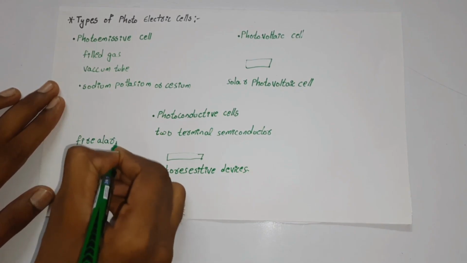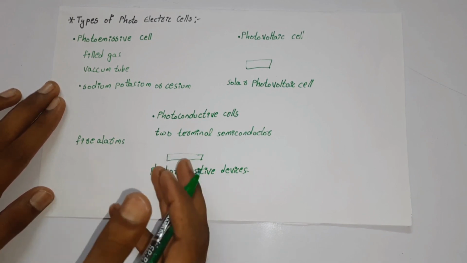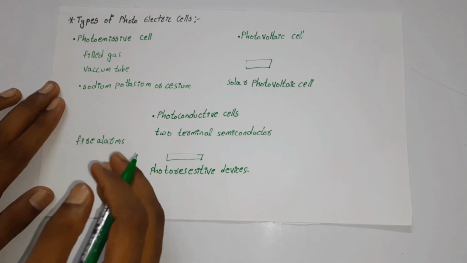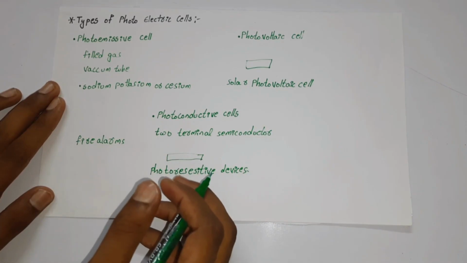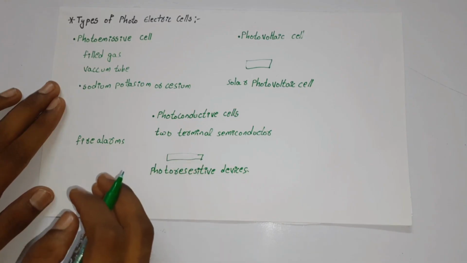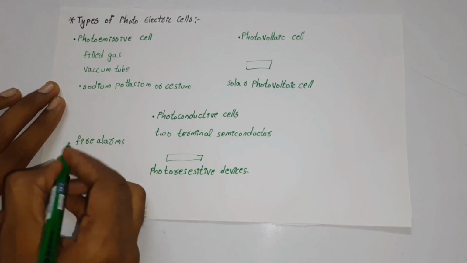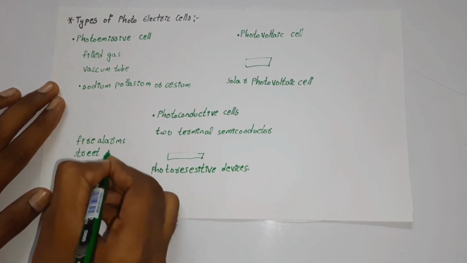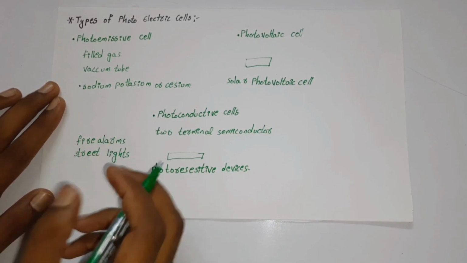So when there is a fire near some area, the fire alarm creates the alarm sound, due to the change in the temperature or something. It can also be used in street lights, or we can also say automatic switch lights.